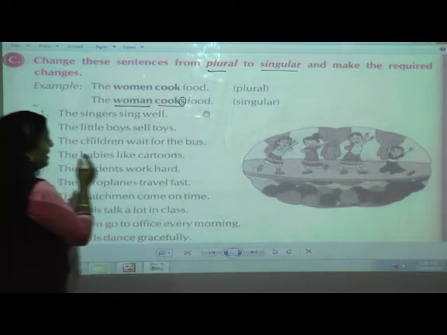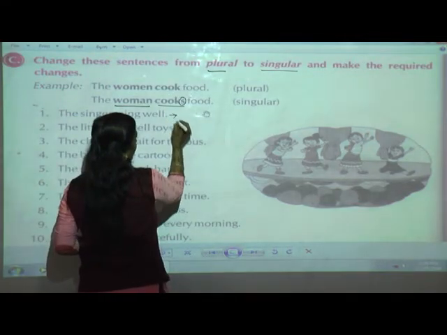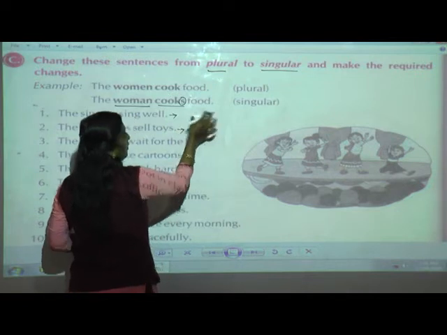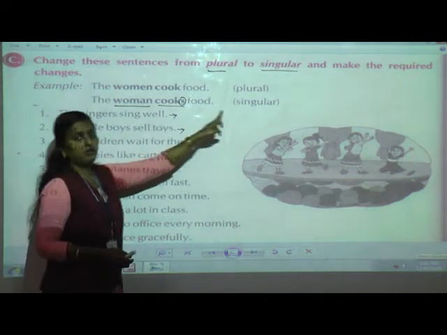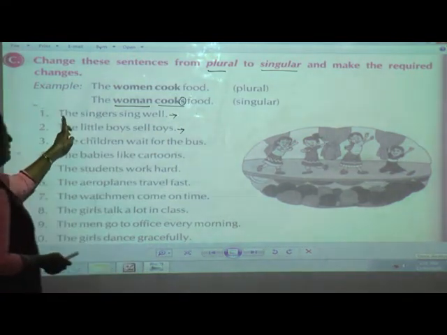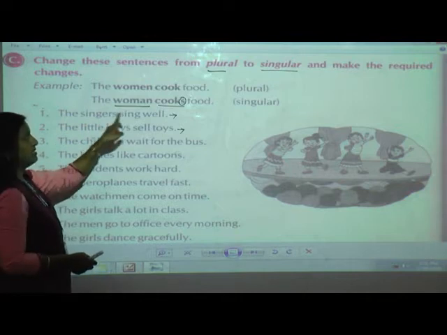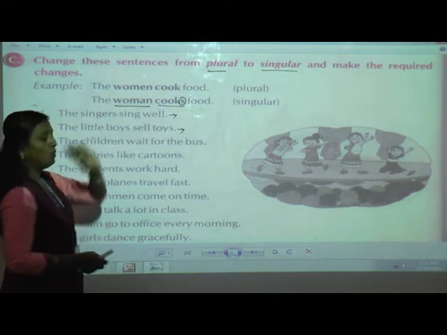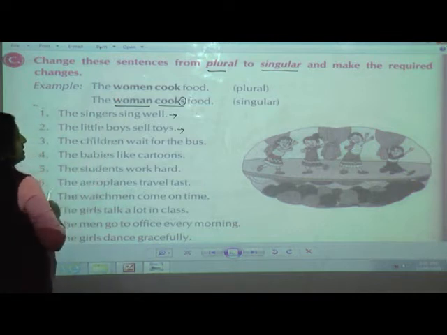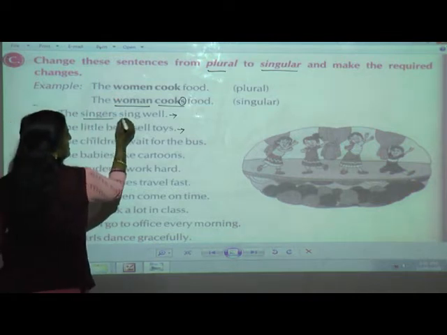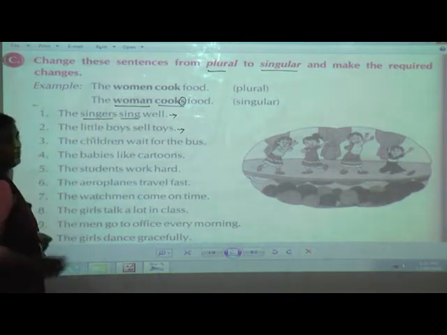See here, as there is no place over here, whatever changes I am going to make, I will write here. Got it? The singers sing well. What am I going to change? Yes, only this part, singers and sing. Singers is in which form?